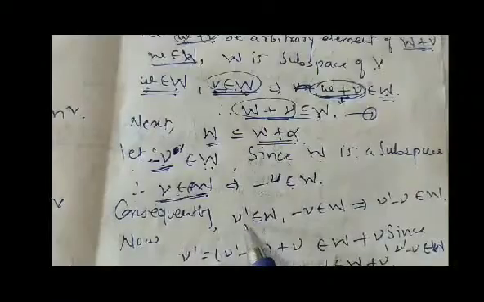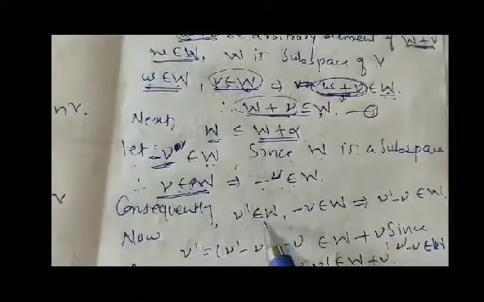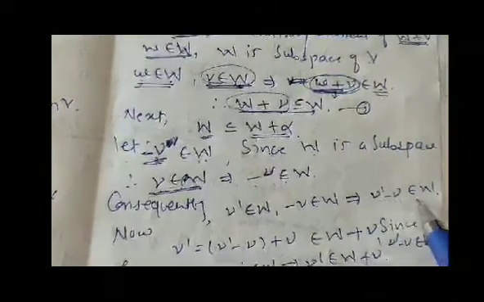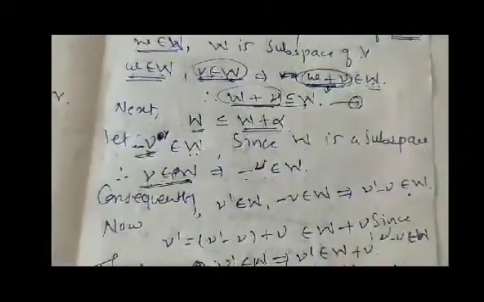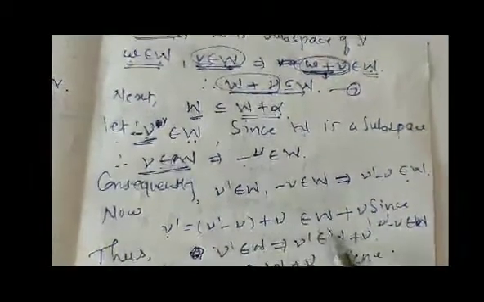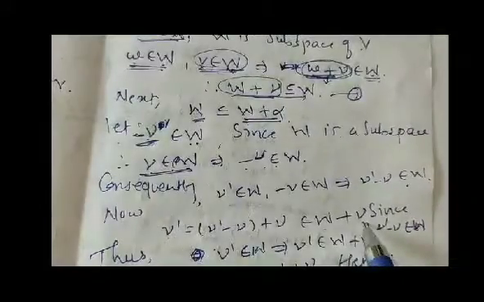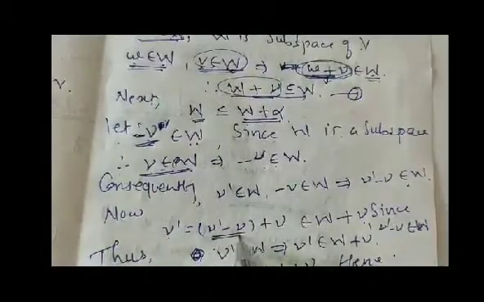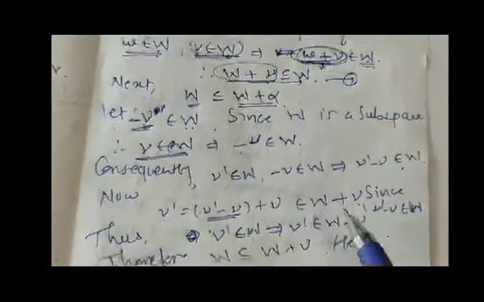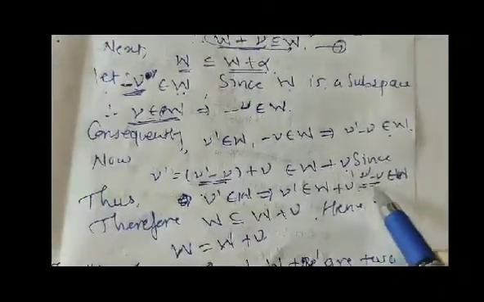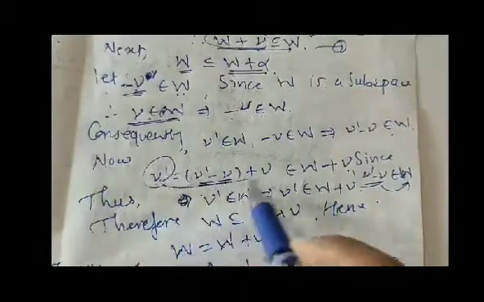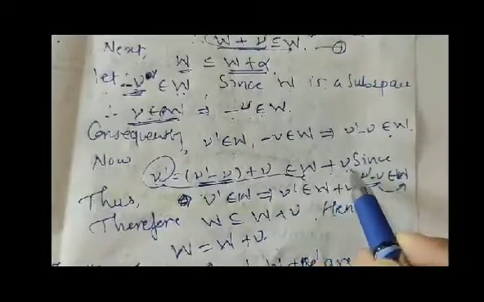Consequently, nu dash belongs to W and minus nu belongs to W, so nu dash minus nu belongs to W. Now nu dash can be written as nu dash minus nu plus nu, which belongs to W plus nu, because the element nu dash minus nu belongs to W 100%. So this is W plus nu, and this element belongs to W, which means nu dash belongs to W plus nu.